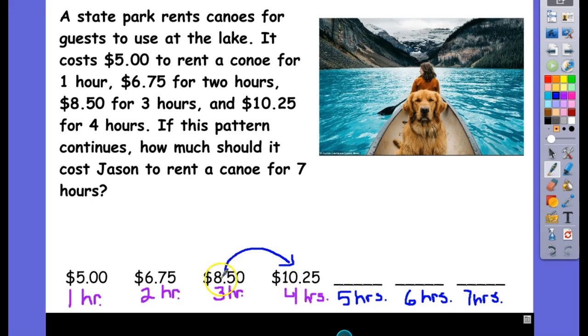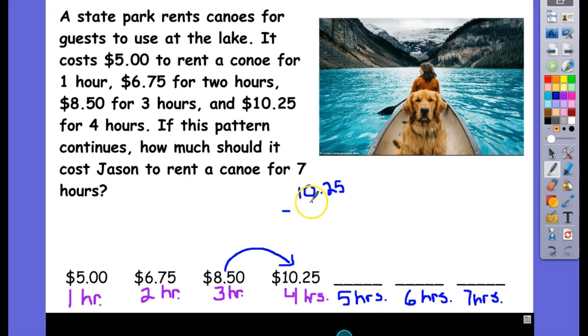What's the pattern that's happening? What I can do is take $10.25 and subtract $8.50 to find how much was added to increase the rate. So go ahead and take 10.25, and I'm not going to use a dollar sign because it's not really necessary. Just because it has dollar signs, these are still the exact same as any other decimal problem that we've done already.